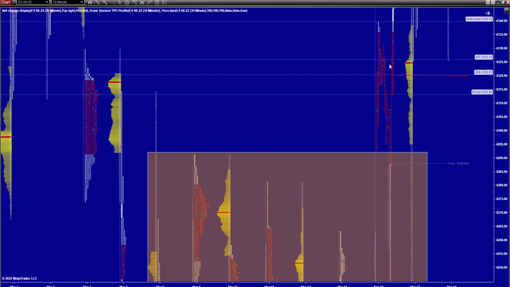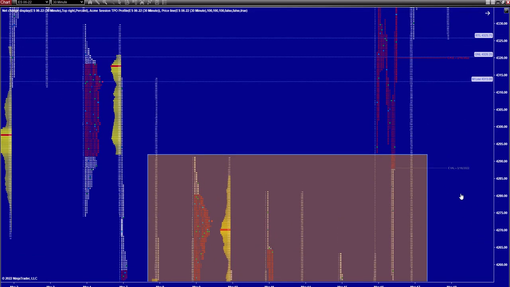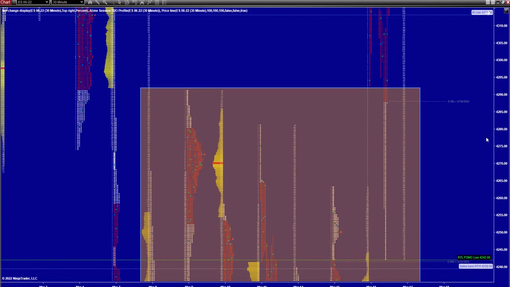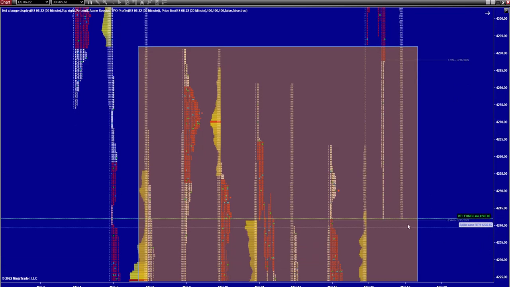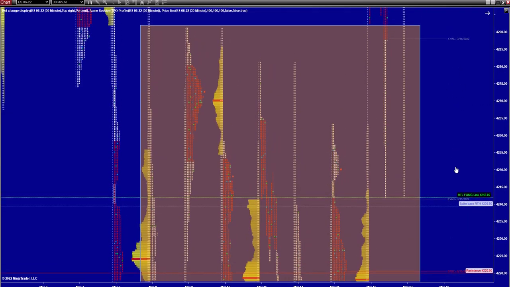Yeah, so here I was trying to take shorts. Of course, I couldn't really catch all of this large move, but what I did basically was mention to everyone that 42.60, 42.40, and 42.20 were the supports to buy during the FOMC day.